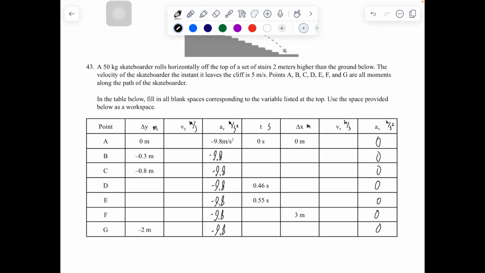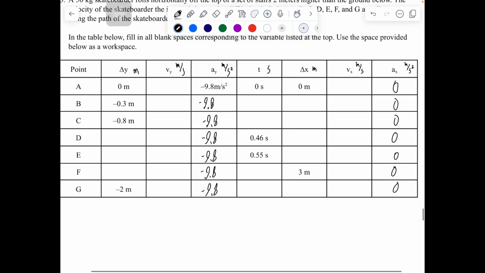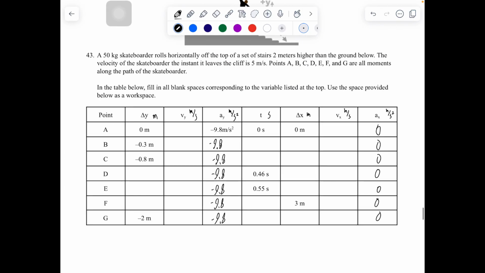This is essentially going to be a lot of the same process. So let me show you the process for solving one of these variables. So say velocity in the y. Well, our first one, it's nice, it's simple. We're leaving horizontally. So at the start, horizontally, we're at rest.